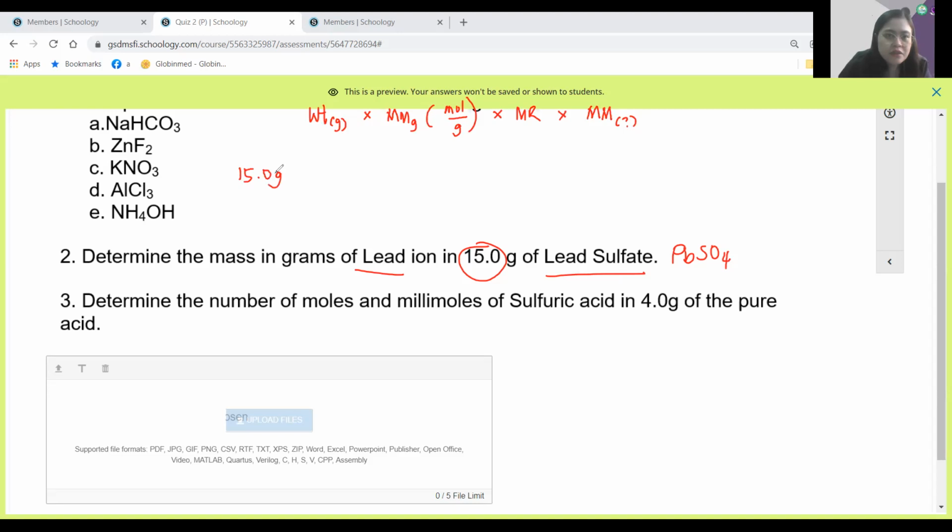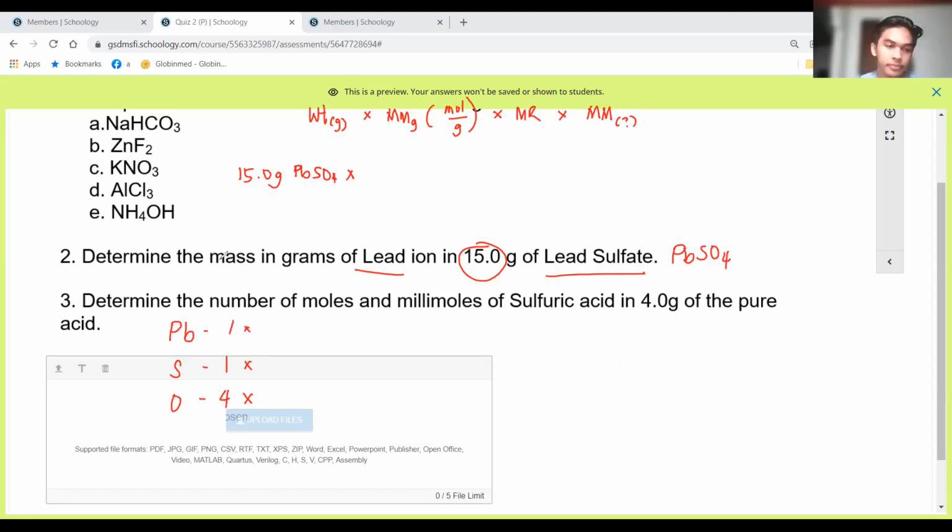So the given here is 15.0 grams of our lead sulfate. Multiply natin siya sa molar mass, but the molar mass is not given, so you have to compute for this first. You have lead and then sulfur and then oxygen. So 1, 1, and 4. What is the atomic weight of lead? Kindly check sa periodic table. 207.